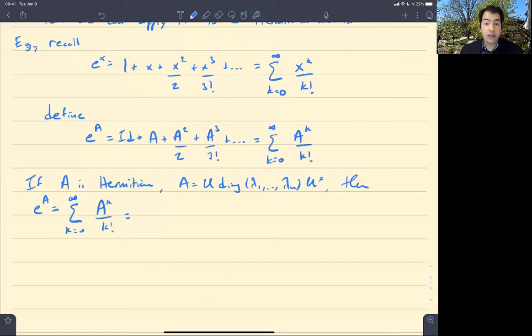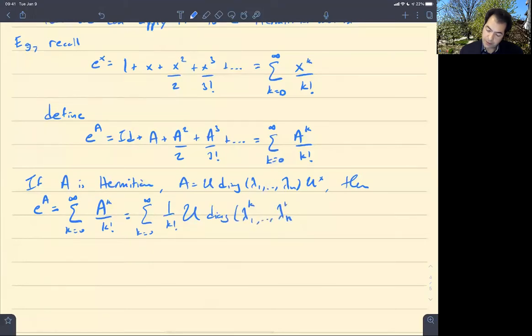Well, we just saw that it's easy to compute A to the k, because all you do is you put U, and then the diagonal matrix where you replace every eigenvalue with its kth power, and then U star.